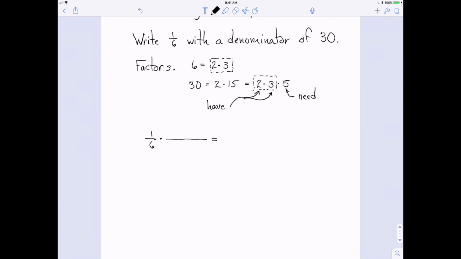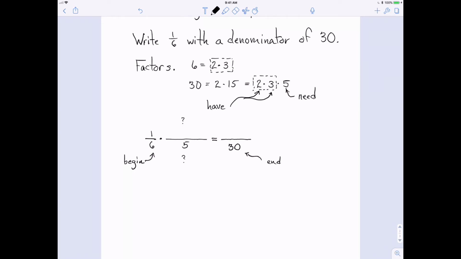So I write 1/6 times, and I put a line here because we're going to figure out what to put in the numerator and what to put in the denominator in a moment. We know that we need to end with a 30. So this is my begin, and this is where I end. Now we just said that to turn a 6 into a 30, we need a 5.